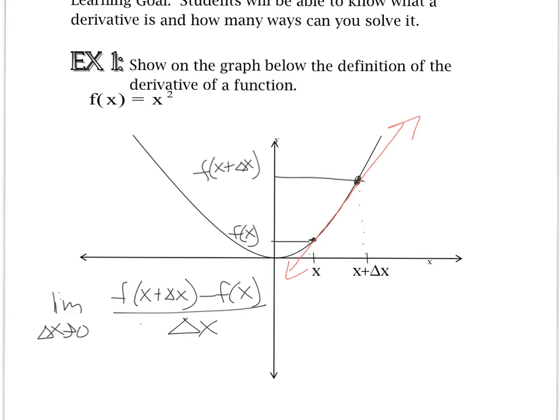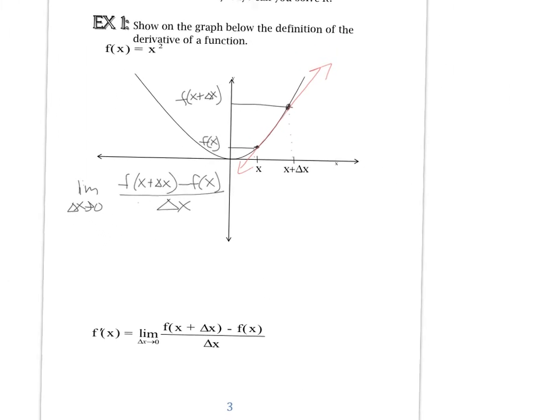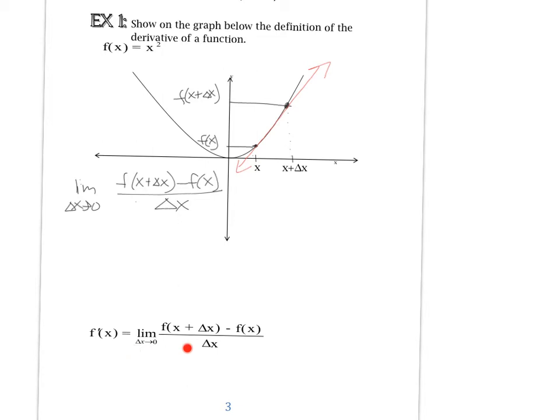And so we're going to do that with this function. Here's the definition here. Let's work it out. This function is just x squared. And so instead of x squared, I'm going to plug in x plus delta x squared.